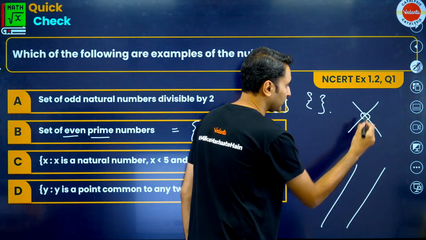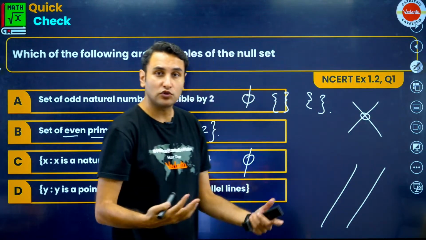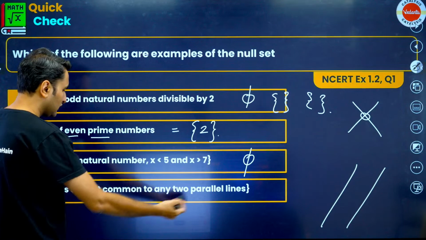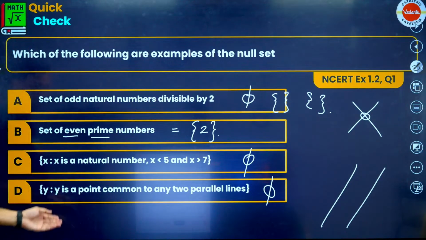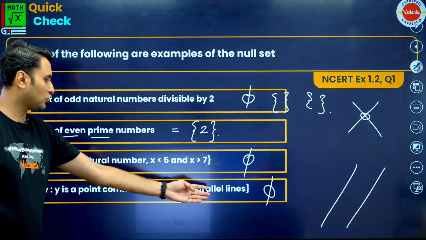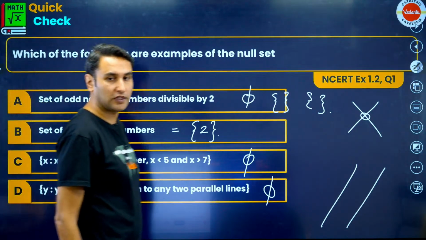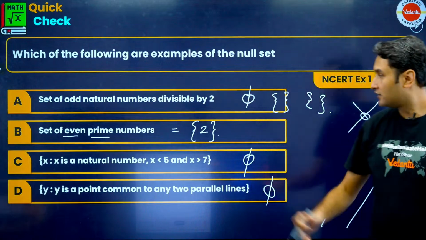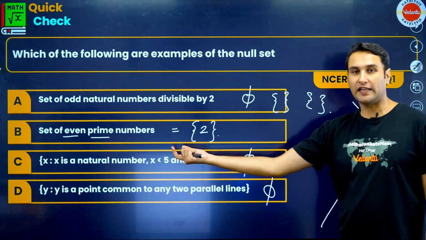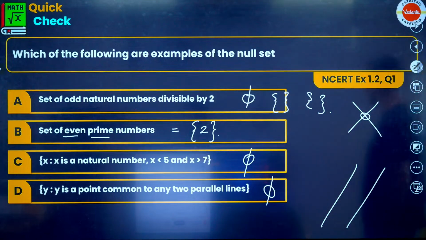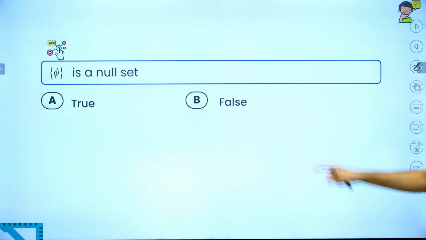But if the lines are parallel, there is no common point. So is there any common point? No, phi. There is none possible. So the answer is these three are phi. The second one is the element 2 in the set. Okay? Cool, awesome.